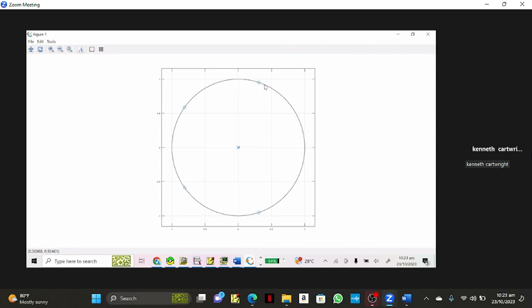And then your zeros are around the unit circle. Okay. So is this filter stable, unstable, or marginally stable?